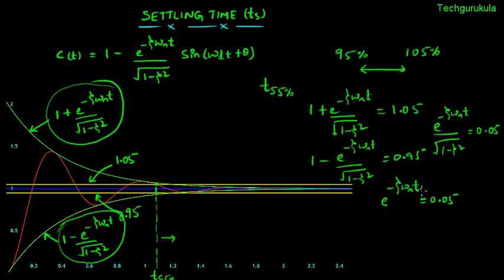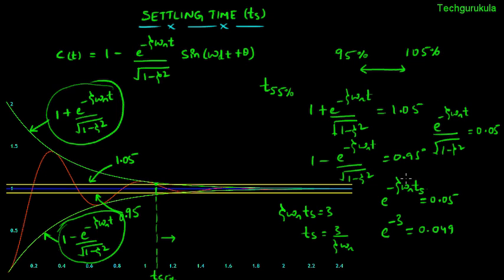Let us find what is the t_s for 5% settling band. We can find e power minus 3 will be equal to 0.049, which is approximately 0.05, which means the exponent here should be 3. We can say zeta omega n times t_s should be 3. We can also say t_s is equal to 3 by zeta omega n.